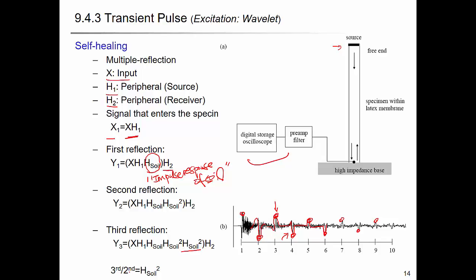So then if you just divide the third reflection by the second reflection, then you don't have to worry about the source coupling H1, or H2, the coupling between the receiver and the soil. Right? So you have only the H soil left in the formulation. So then you can isolate the impulse response of the soil. This is a kind of a self-healing system.